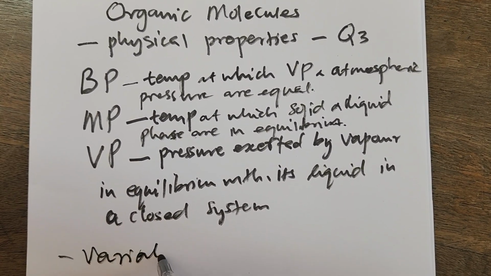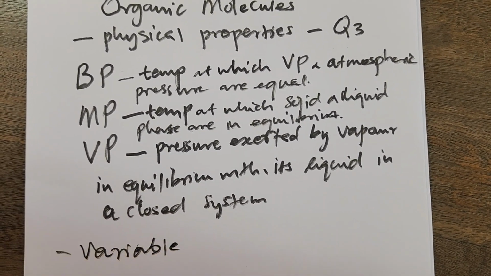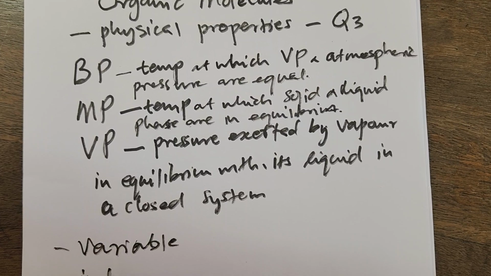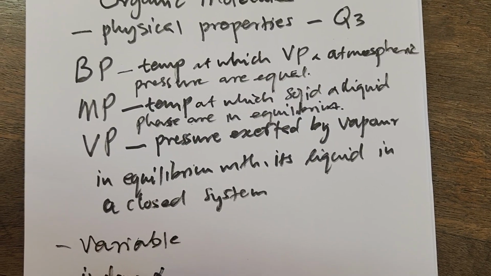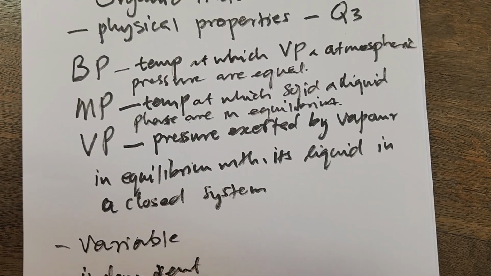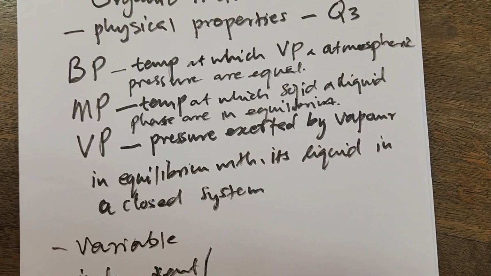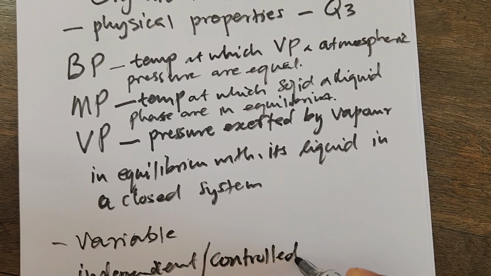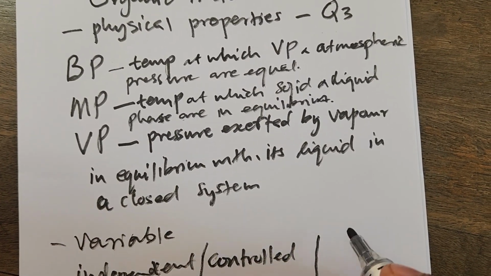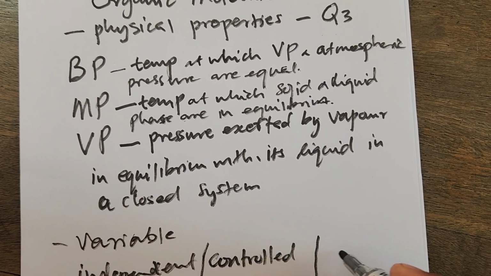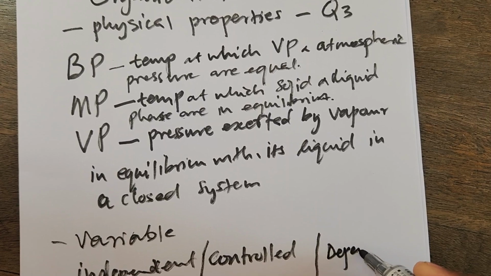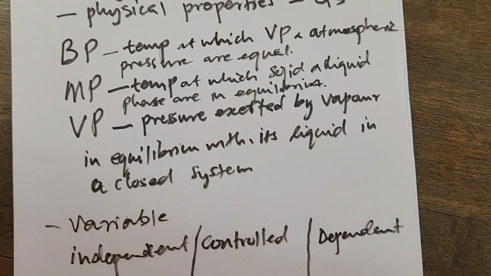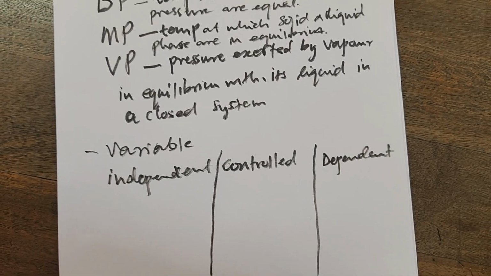There are three types of variables: independent variable, controlled variable, and dependent variable. These are the three categories.